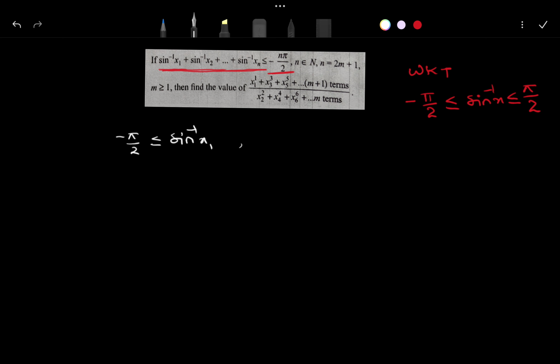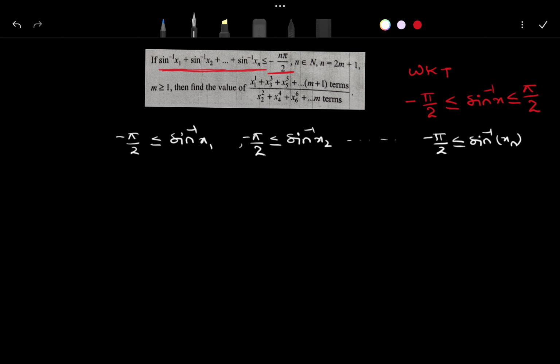Next sine inverse x2 is also greater than or equal to minus pi by 2, and so on for every term. So minus pi by 2 is less than or equal to sine inverse of xn.